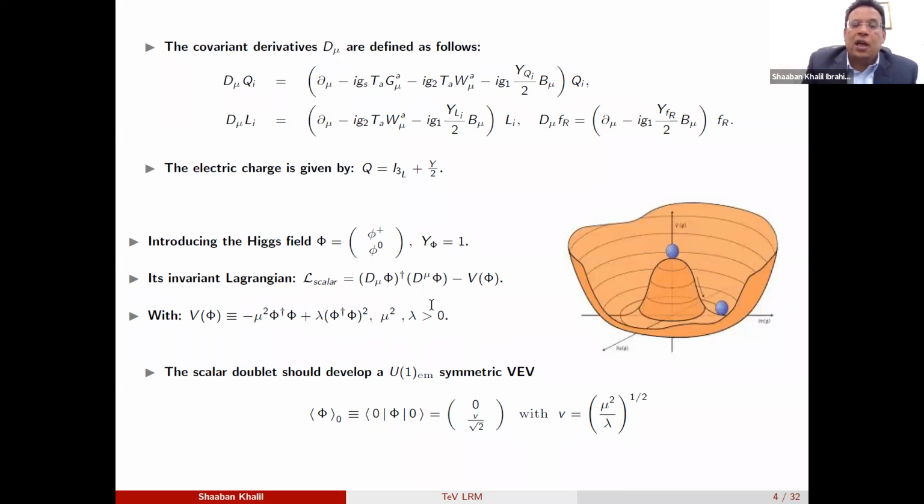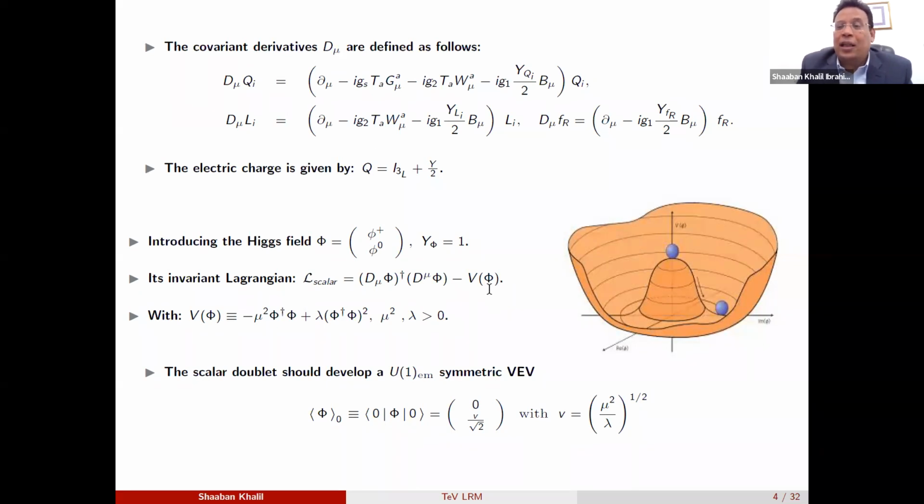It will be like the covariant derivative of the lepton doublets, because it interacts exactly like lepton doublets, so it will involve W mu and B mu. So we will have an expression similar to the one here for the covariant derivative. And then we should have some scalar potential, V of phi.